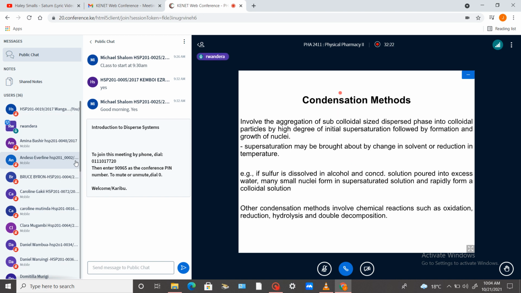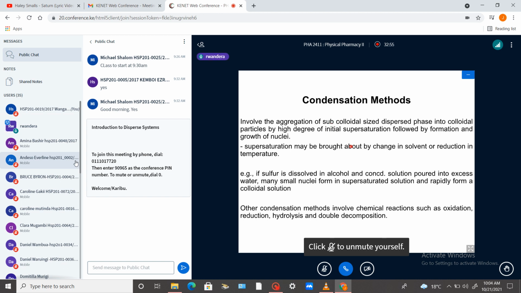So we also have condensation methods you can use to form lyophobic colloids. Condensation methods involve the aggregation of subcolloidal size dispersed phase particles into colloidal particles, which involves a high degree of initial supersaturation followed by formation and growth of nuclei. So you start with the subcolloidal particles to form colloidal particles.